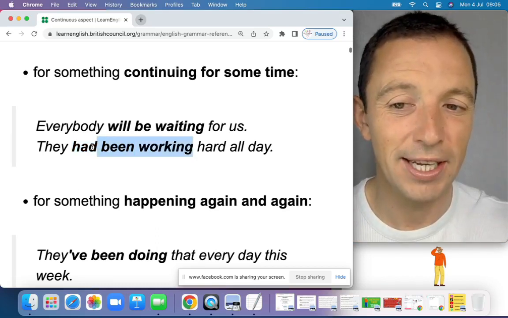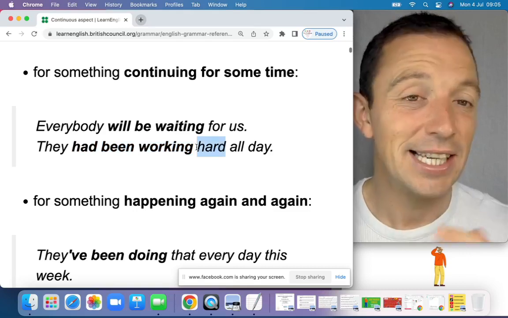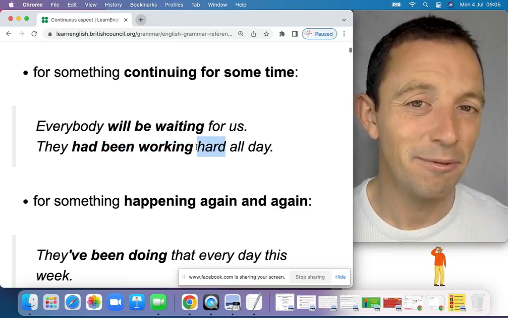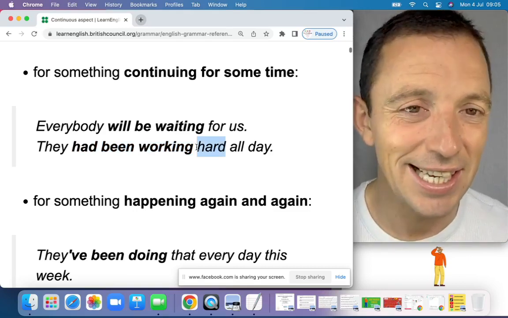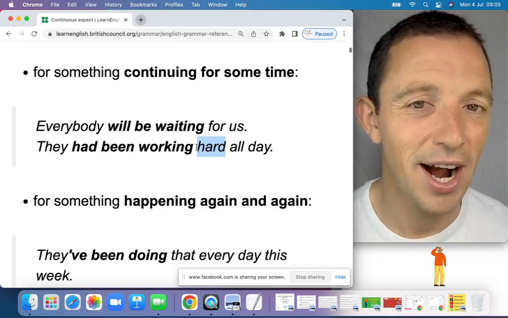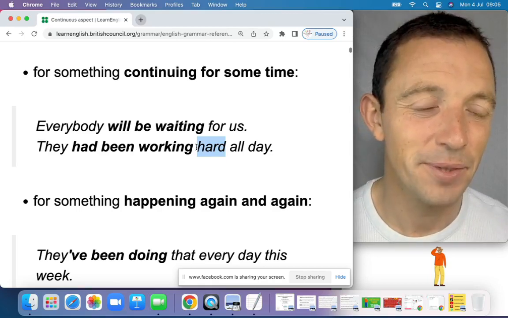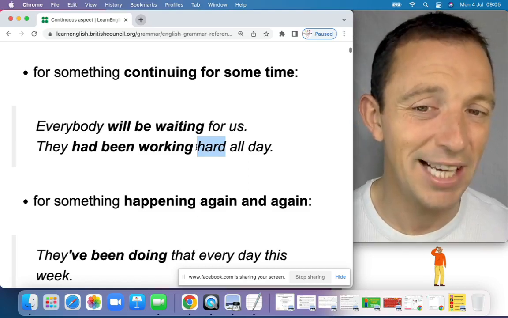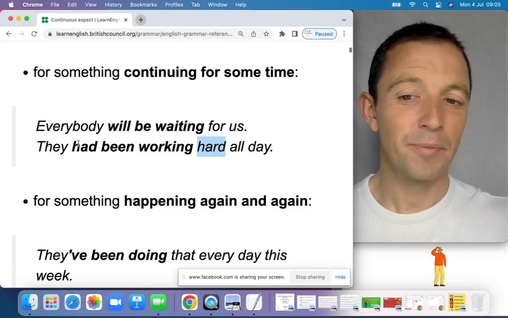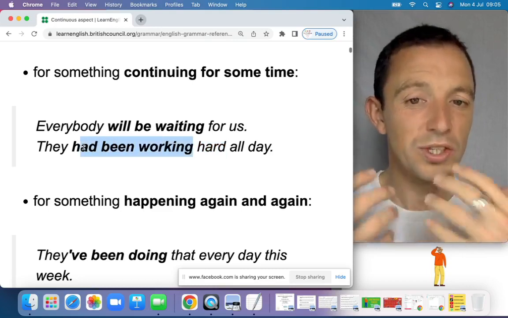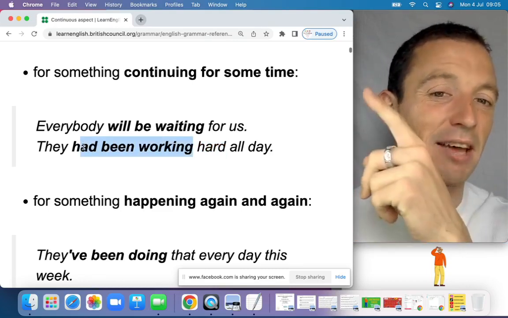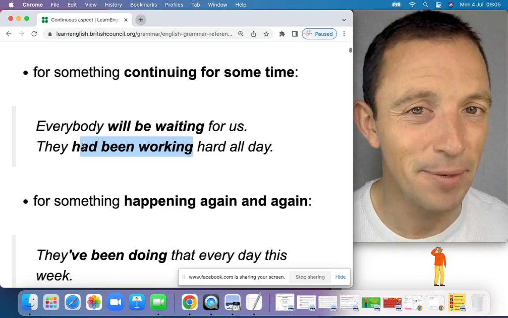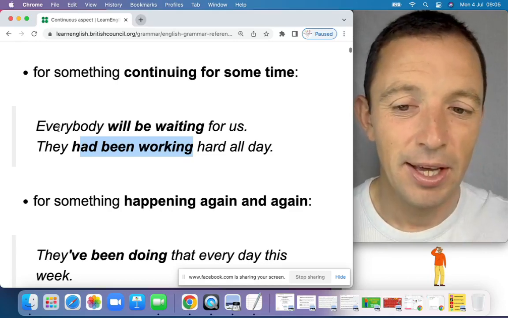They had been working hard. Hard is an adjective but also an adverb. And in this case, it is an adverb. They had been working hard all day. Okay, and that is the past perfect continuous aspect. But basically, the activity was continuing for some time. That's the definition. Something that's continuing for some time.